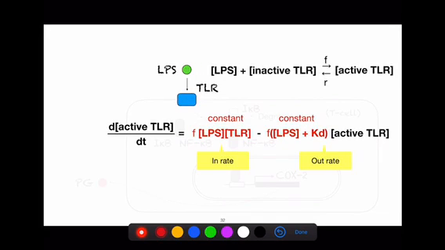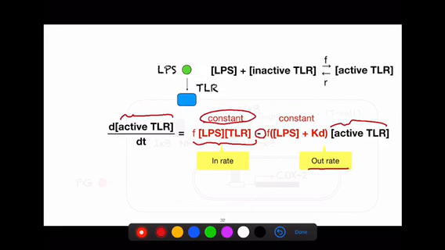So we already discussed how to solve this in our previous discussion in week 2 with an analogy of a leaky water tank, which is composed of an in rate. Now the in rate is constant, just like the leaky water tank. And also, there is an out rate multiplied by a minus sign, and this is proportional to the active TLR itself.